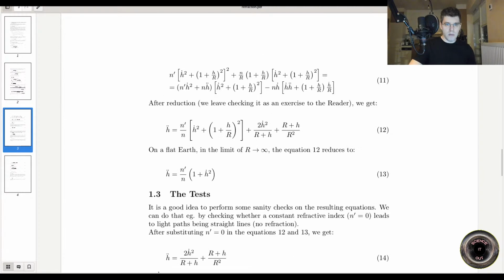Anyway, that's the equation we get. If you want, you can check all of this, but you need to know a bit of calculus. What gave it away for me is the fact that here we have h dot squared and squared again, which would give a term with h dot to the fourth power. And if this wasn't squared, we would have h dot to the third power here times n prime.